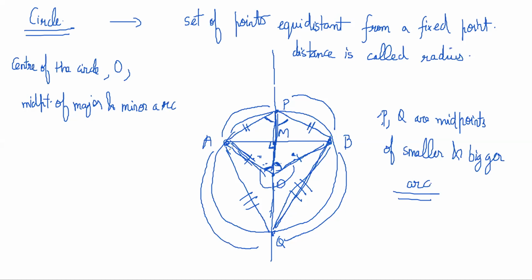APB is a minor arc and AQB is a major arc. Yes. The midpoints of the major and minor arcs, and O, all of these lie on the same line, no? Same line. And obviously M also lies on that line, right? Correct. Yes, sir. So the center can be found.